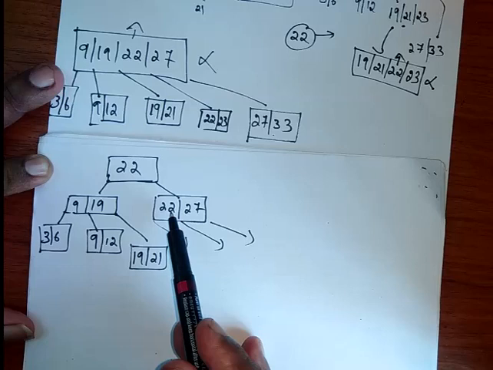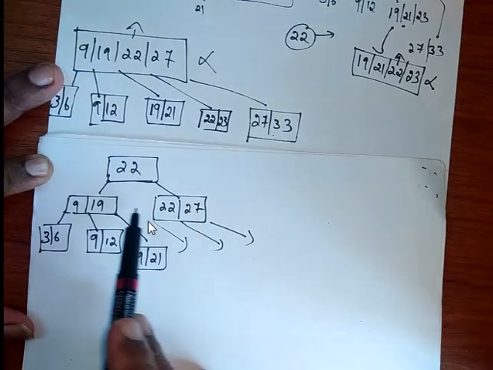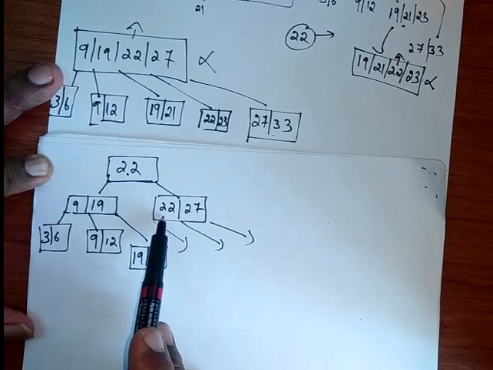But we have a rule that 22 must be in the leaf node. It should not repeat in internal nodes. So we need to remove this 22 from this particular level, because we only need 22 as the leaf node.